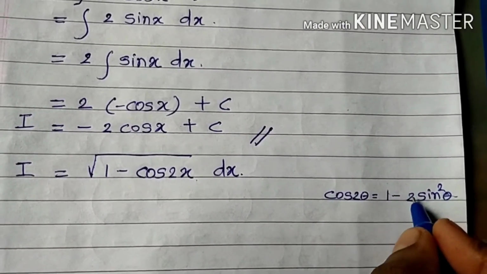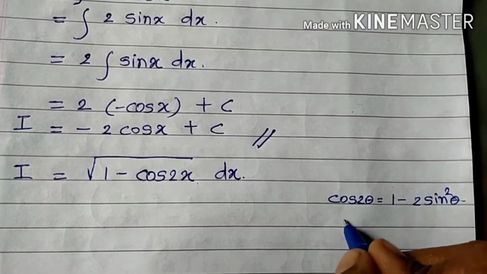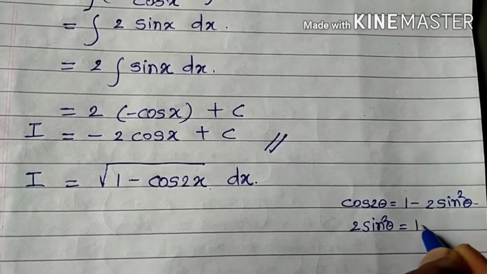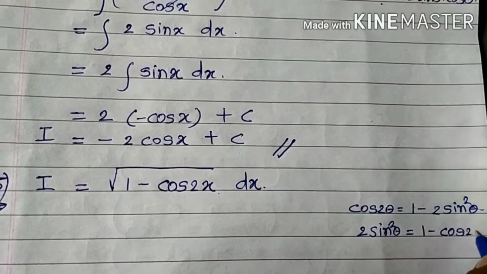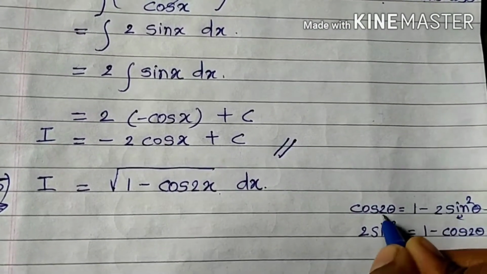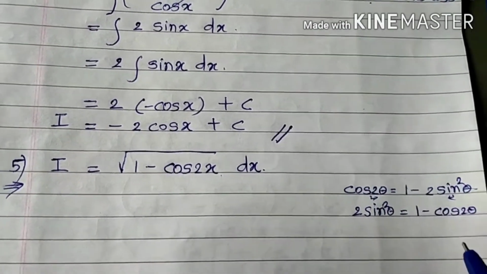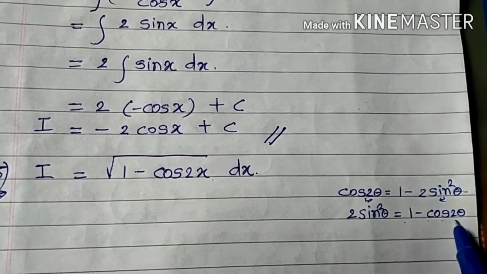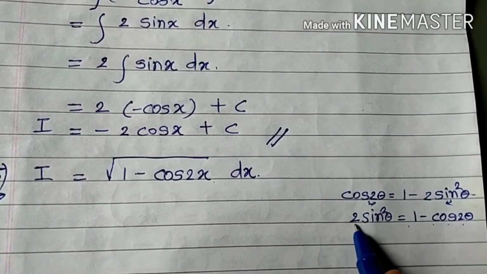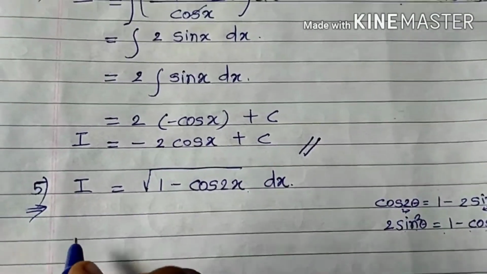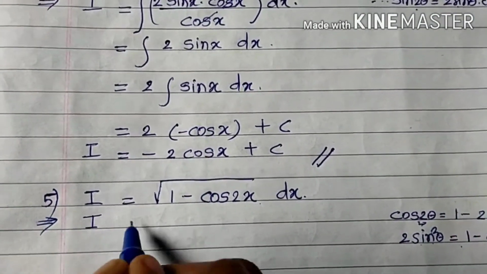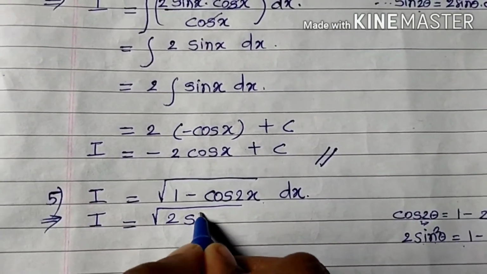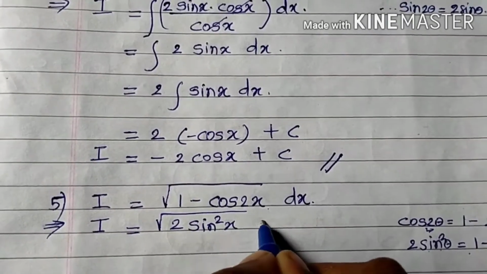So you can convert it like that, 2 sin squared theta is equal to 1 minus cos 2 theta. This 2 sin squared theta goes to LHS and this cos 2 theta goes to RHS. So 1 minus cos 2 theta is equal to 2 sin squared theta. Put these values in this example. So we get under root of 2 sin squared x dx.